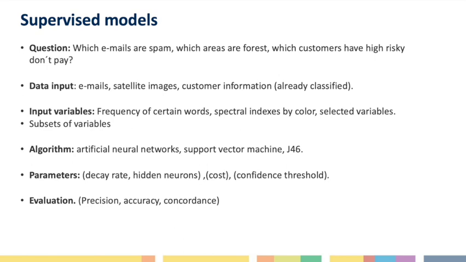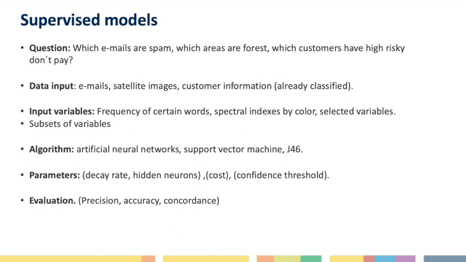Once we have these questions, we have to identify the data sets that we need. In the case of spam mails, we would need many different emails where we've already identified previously which are spam and which aren't. That's the information we would require.